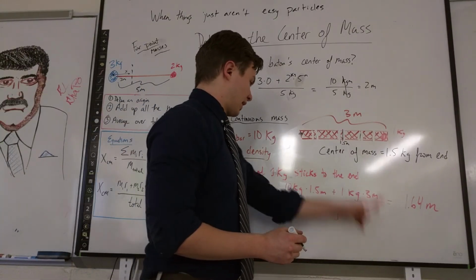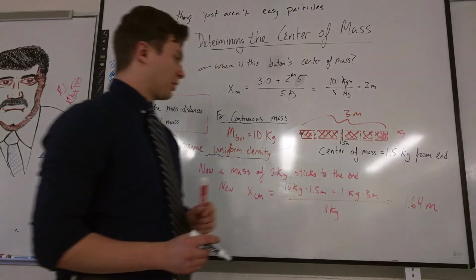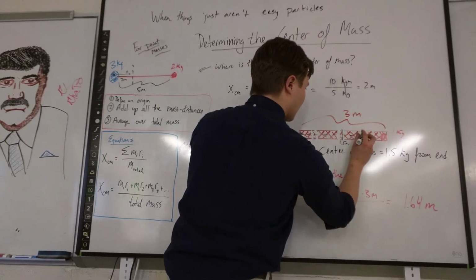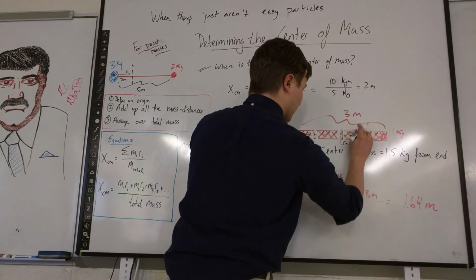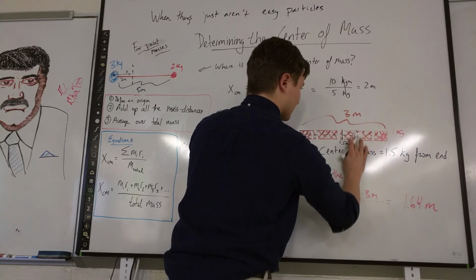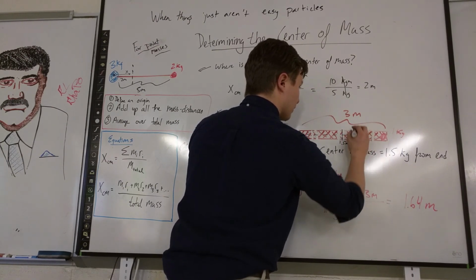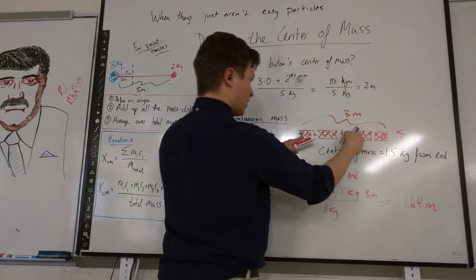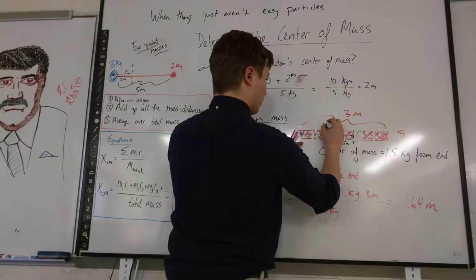I put that into a calculator and I get 1.64, which means that the center of mass is something like this distance right here. This is not to scale. What a shame. So that distance from here to here is 1.64 meters.